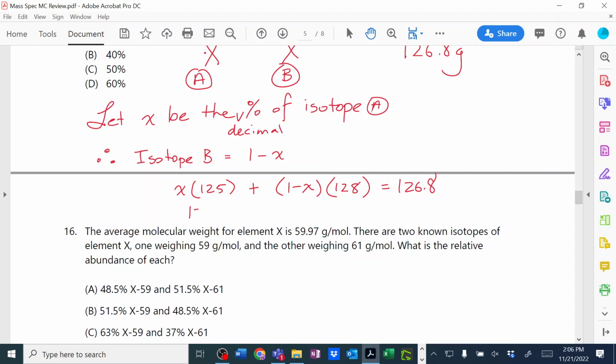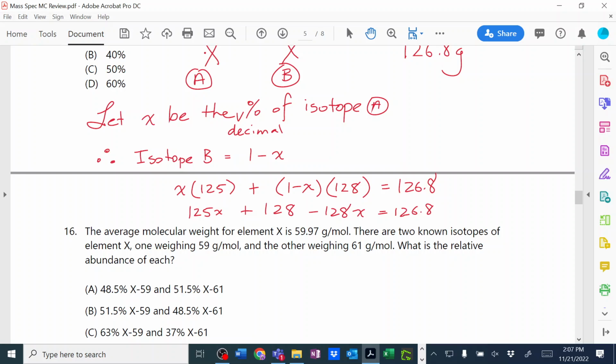And now we have 125X plus 128 minus 128X equals 126.8. And from here we just do some algebra.